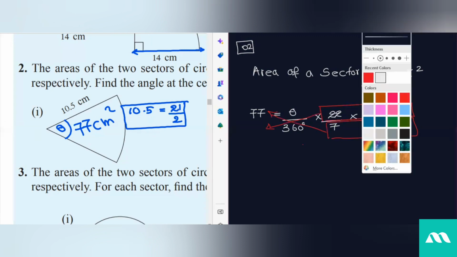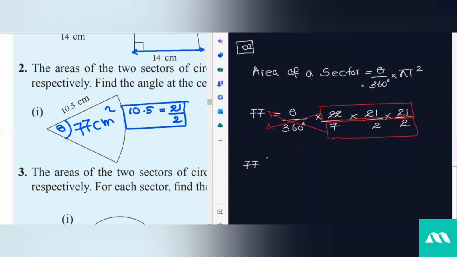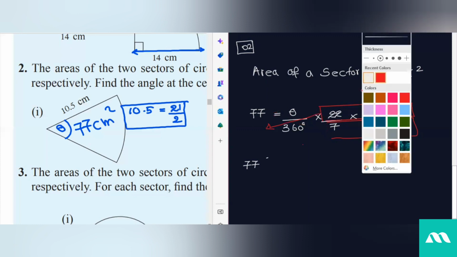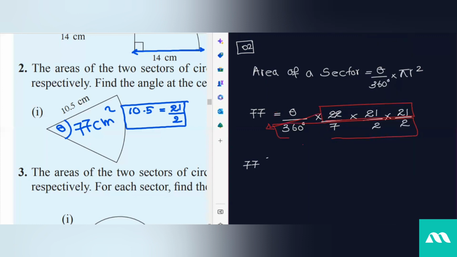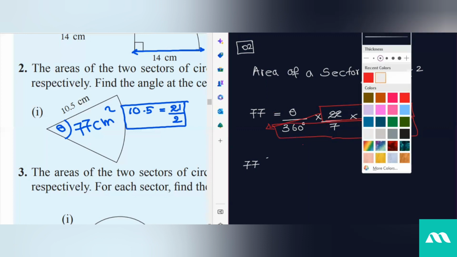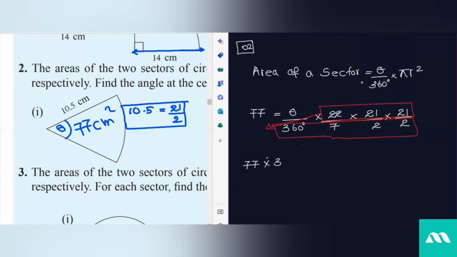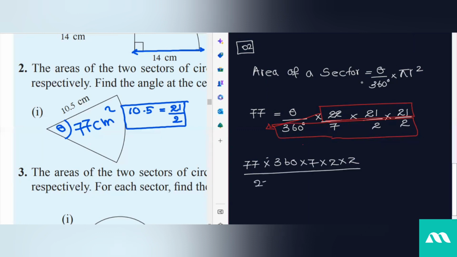Then 77, when we take all the denominator values to the numerator, then we have to join them by multiplication symbol. It is 360 multiplied by 7 times 2 times 2 upon 22 times 21 times 21. Then this theta is remaining on the other side.